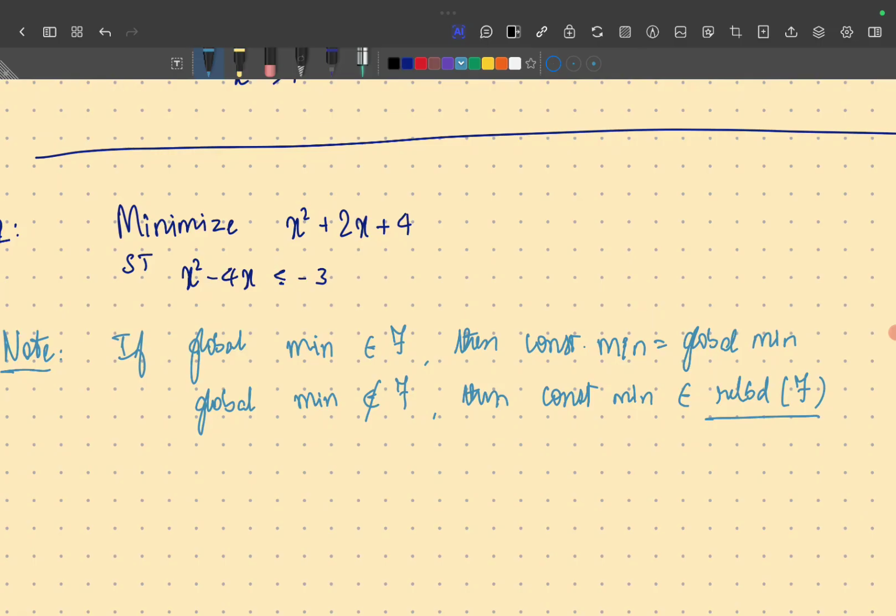If you assume that the function is over Rn, for the sake of contradiction, if you assume that it's in the relative interior, then if you want to go towards the global minimum, it can't be right next to the relative interior point. It has to be some non-zero distance away, and that would mean that when you go towards that, your function will become lower. So you just found a better point closer to the relative boundary.